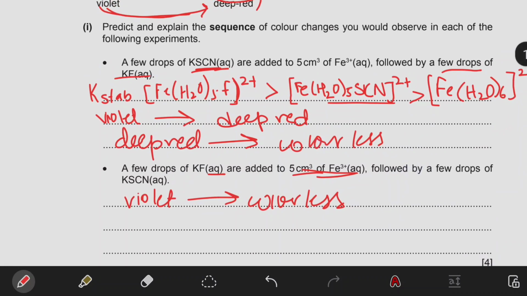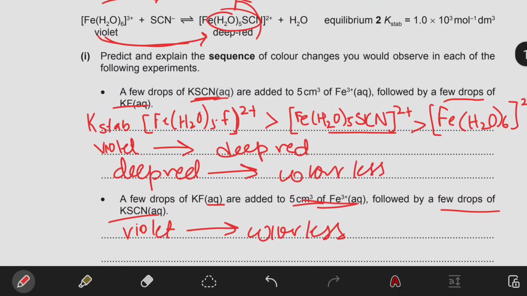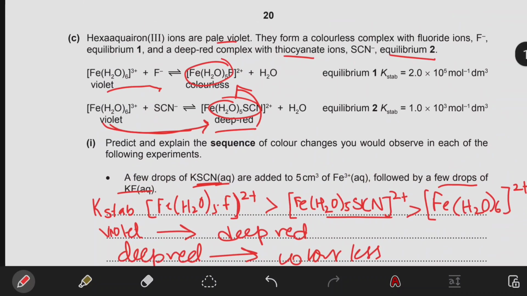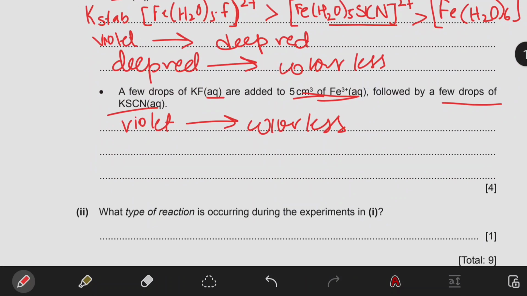But now, we add a few drops of KSCN. The color would not change to deep red because this complex is more stable than this one, so the color will not change. So we have to write that it will stay colorless.